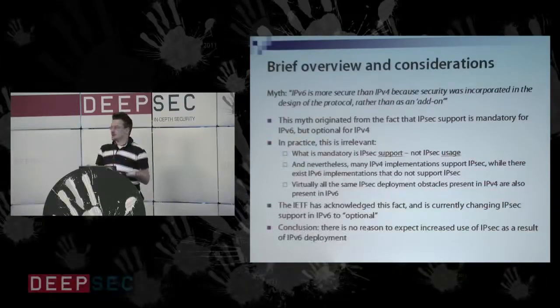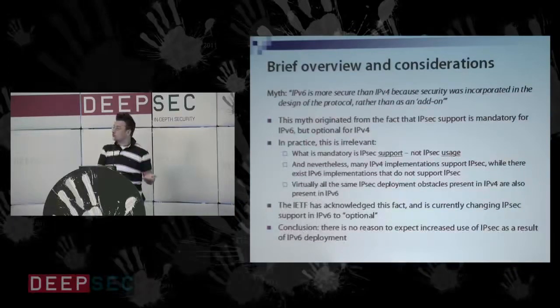However, this is mostly words on paper, in the sense that you have lots of V4 implementations that do contain an IPsec implementation. And regardless of what the specifications say, we have V6 implementations that don't really support IPsec. And even then, what's required by the specifications is IPsec support, but not usage, which means that you could have the IPsec support there, but that doesn't mean that the hosts are really using IPsec.